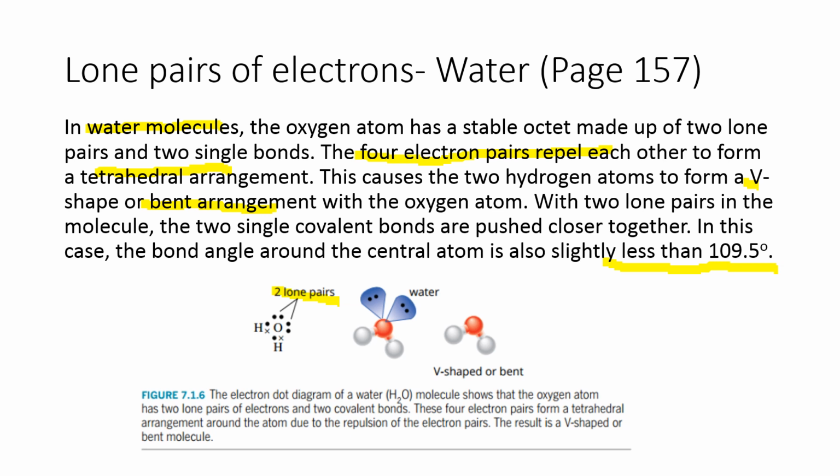And you could also predict saying that the bond angle between the hydrogen here will be even lesser as compared to the bond angle of hydrogen in ammonia. Because in ammonia it has 1 lone pair electron, and in water molecule it has 2 lone pair electrons. So the repulsion that you have here will be even greater between the lone pair electrons because they are taking even more space, and eventually the bond angle between hydrogen will be less than 109.5.